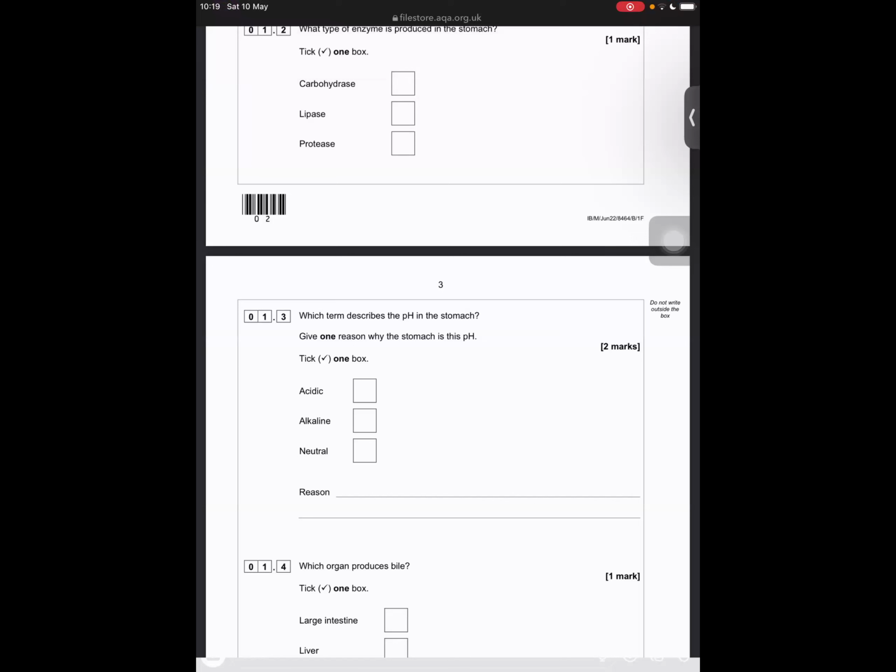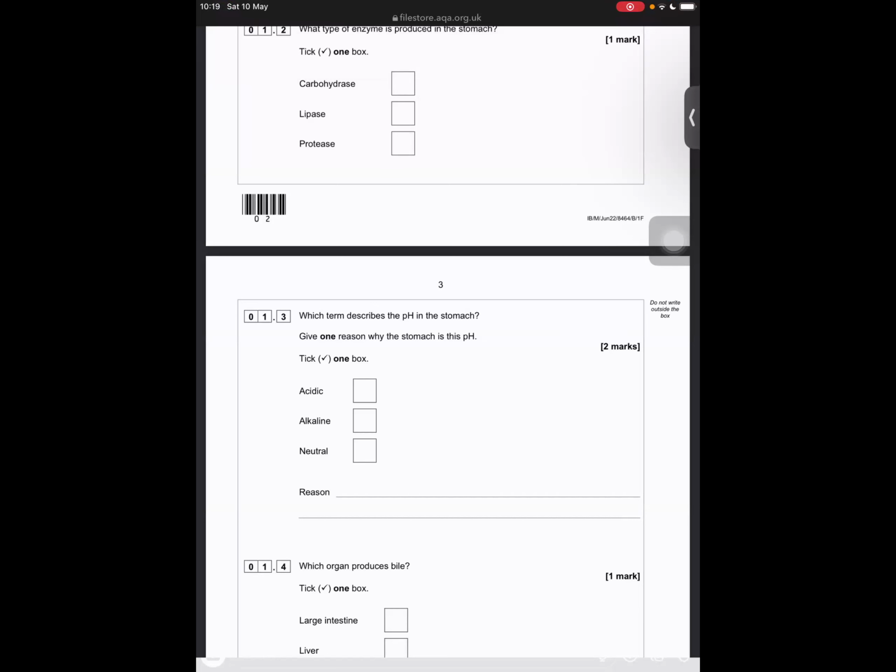I'm not too sure of the reason now, but food is usually broken down, and fatty food is broken down into fatty acids.